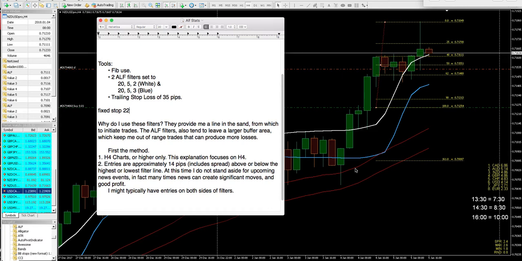These are a 36 and a 48 EMA, which work quite well also. It's just that the adaptive Laguerre filter filters out more range trades that would lose you money.